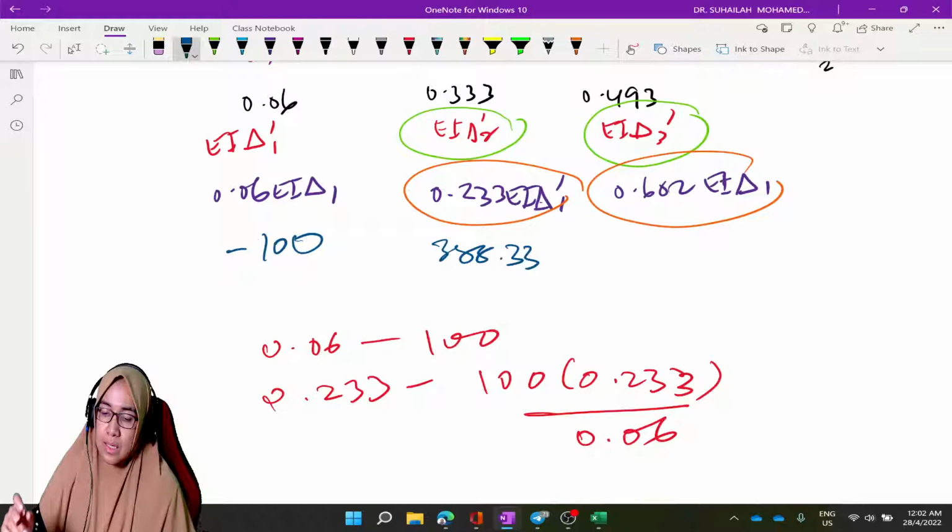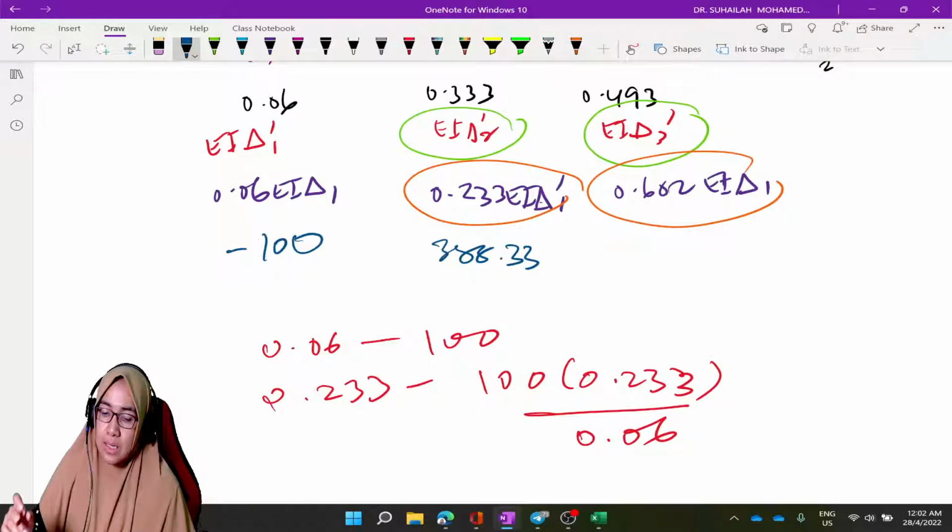And then for the last value, we have to calculate using interpolation. Using interpolation, it is 0.602. To calculate this value, it is 100 times 0.602 divided by 0.06.